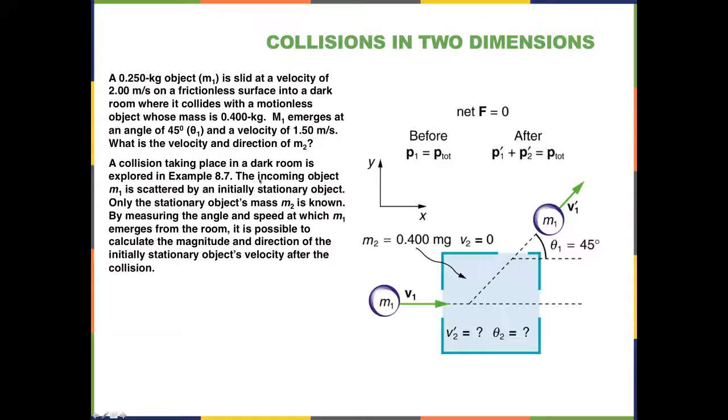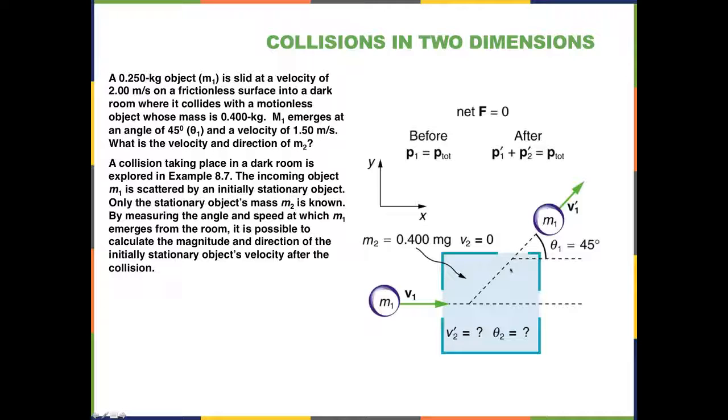So if the incoming object is scattered by the initial solitary object, only the solitary object's mass M2 is known. By measuring the angle and speed of M1 emerging from the room, it is possible to calculate the magnitude and direction of the solitary object after the collision.